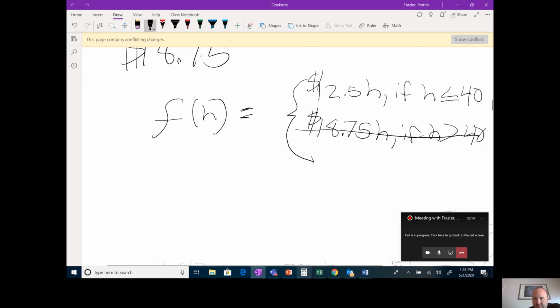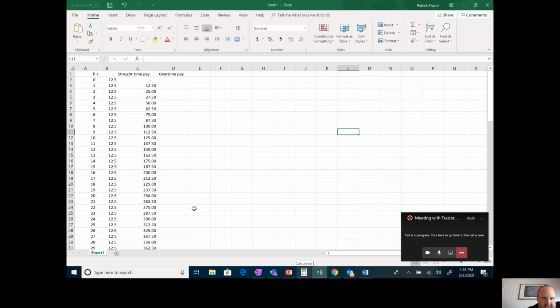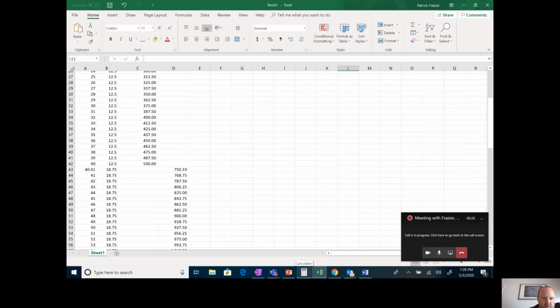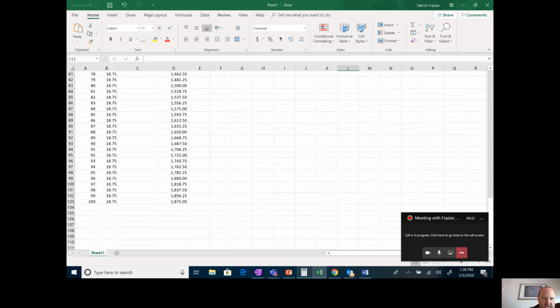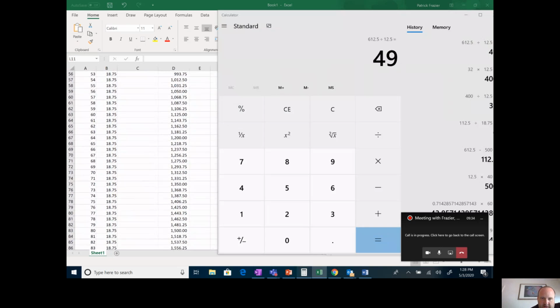Nope, that's too simple. That does not really grapple with the complexity. So let's do a little spreadsheet to show you what I mean. And then on the spreadsheet, I decided to go from 0 to 100. And the reason being is that if you go back to our calculator and we go, well, 24 hours in a day and 7 days a week, so 24 times 7 is 168 hours.